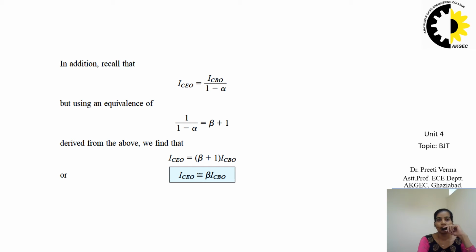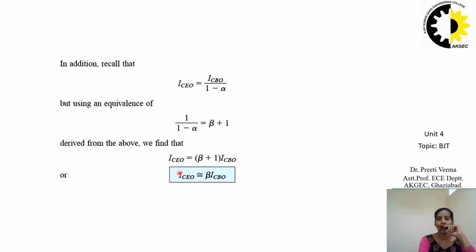In addition, recall that we had the equation ICEO is equal to ICBO divided by 1 minus alpha. By using the equivalence of 1 upon 1 minus alpha is equal to beta plus 1, derived from the above, we can find ICEO is equal to beta plus 1 multiplied by ICBO.